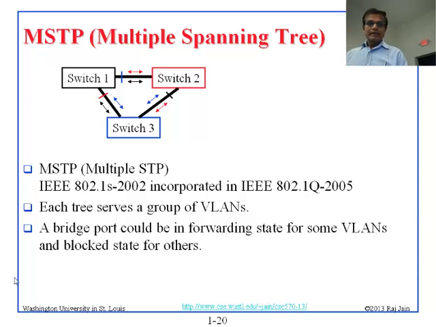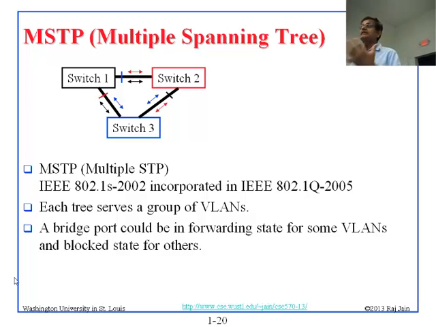Each tree serves a group of VLANs. It is not necessary that for 3 VLANs you have 3 trees. You could have 3 VLANs and just 1 tree or 2 trees. A group of VLANs are serviced by a tree, and which group is all administratively defined.